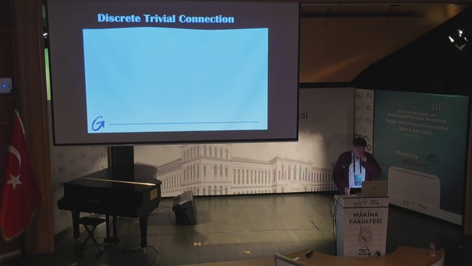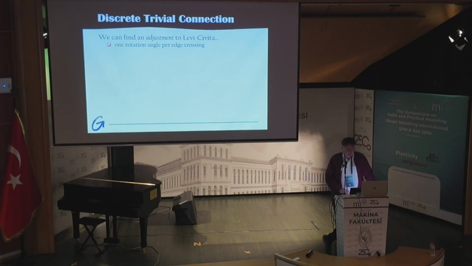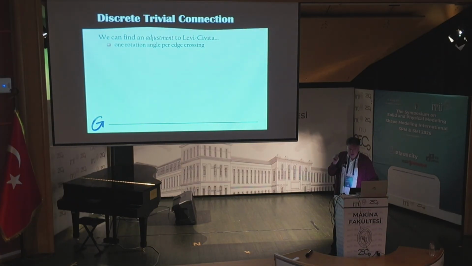And so, going back to the problem of designing vector fields such that you control exactly where the singularities are, we had the idea that now that we have this notion of parallel transport, could we compute these little adjustment rotations between two adjacent triangles, which have a little degree of freedom?